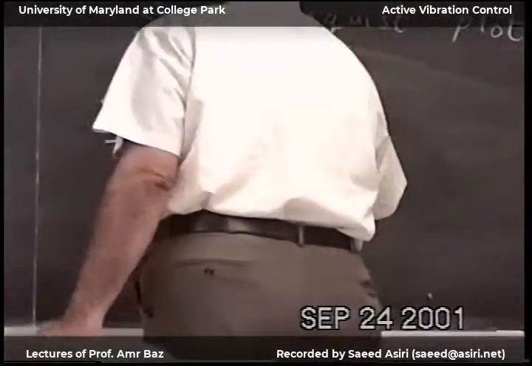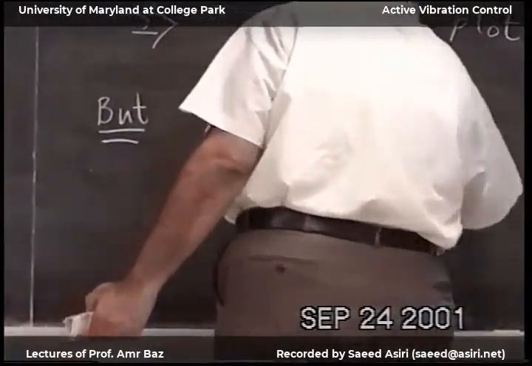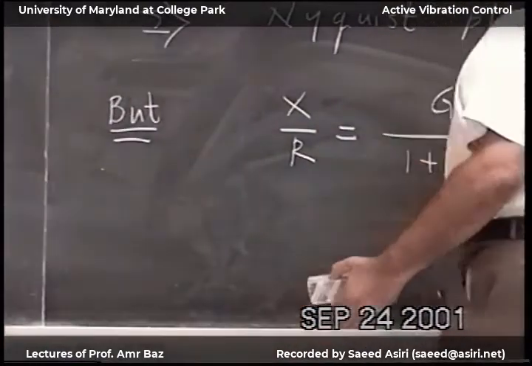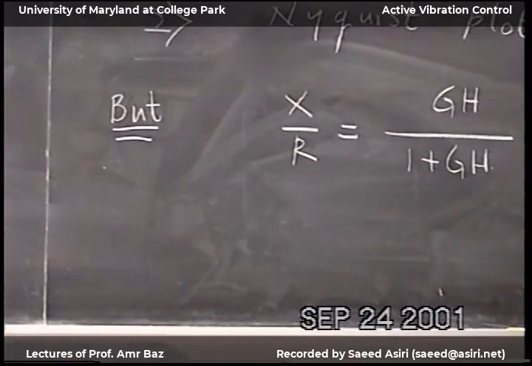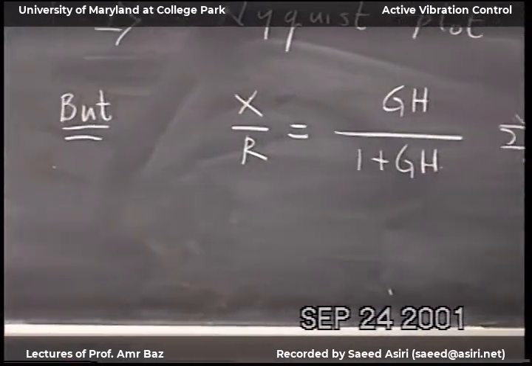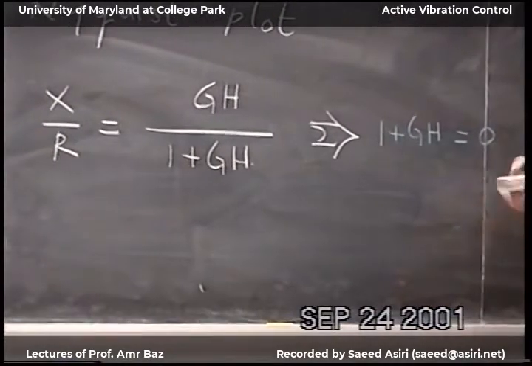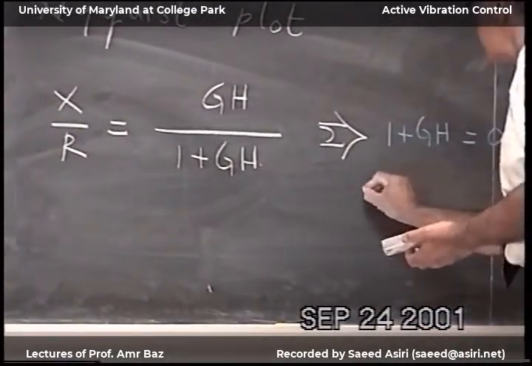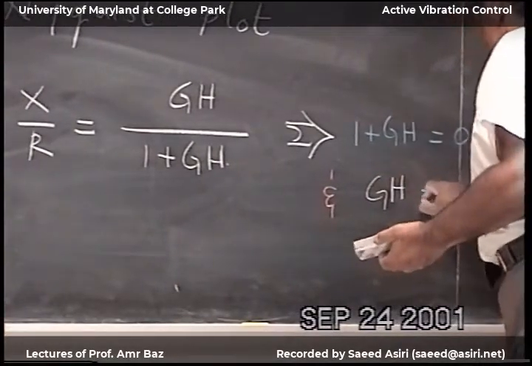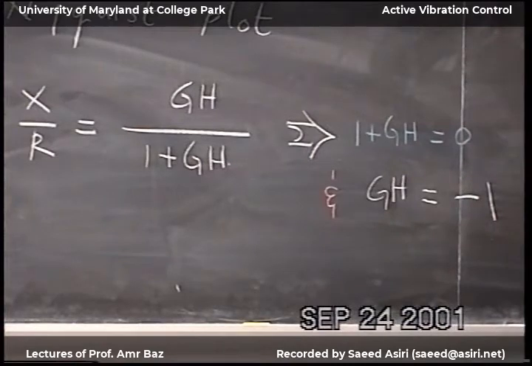So we have the output over the reference command is equal to... and this will say that the characteristic equation should equal 0, and GH is equal to minus 1. Excuse me, no H on the numerator, I think. Ah, I'm sorry.